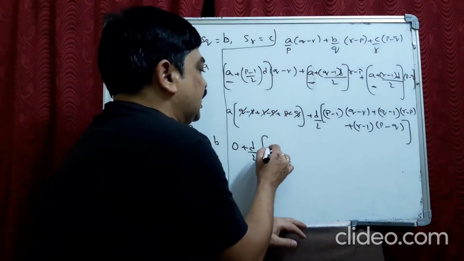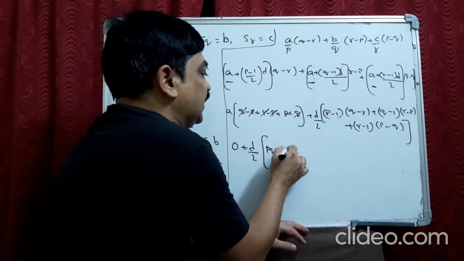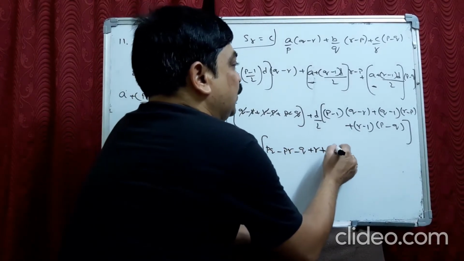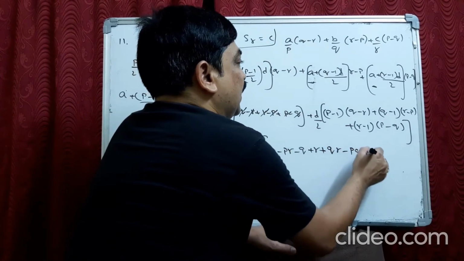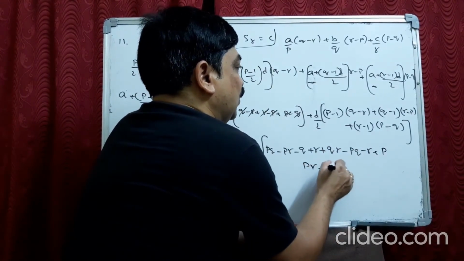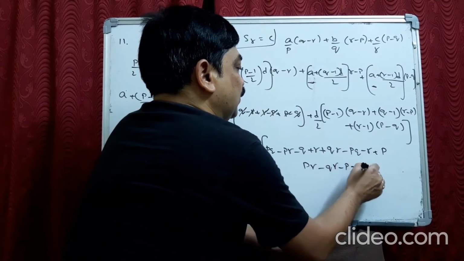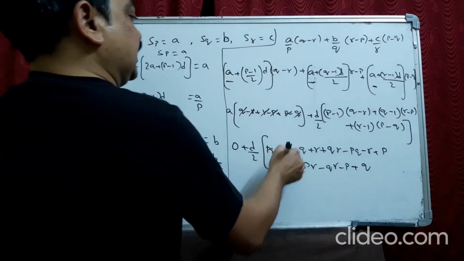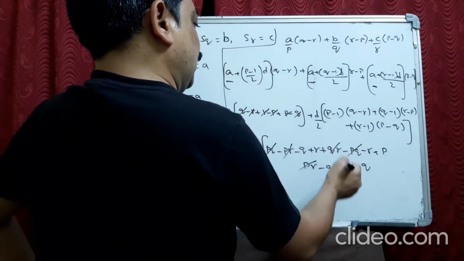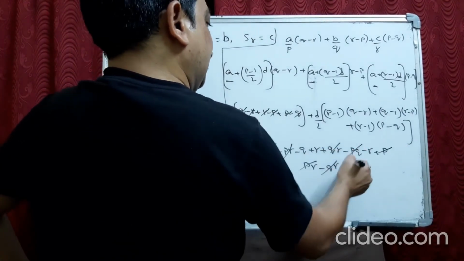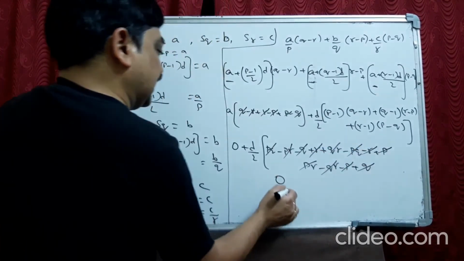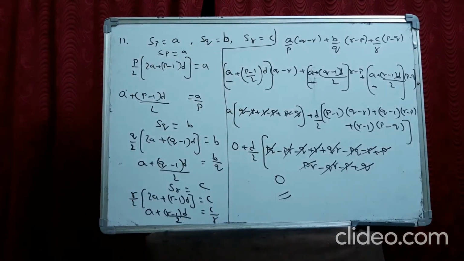What you get? See carefully: PQ minus PR minus Q plus R, QR minus PQ minus R plus P, PR minus QR minus P plus Q. Let us see anything gets cancelled: PR minus PR, PQ minus PQ, QR minus QR, P minus P, Q minus Q, R minus R. Everything gets cancelled. The whole answer becomes 0.